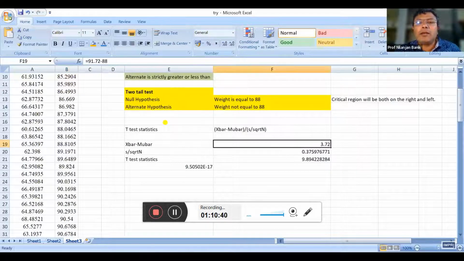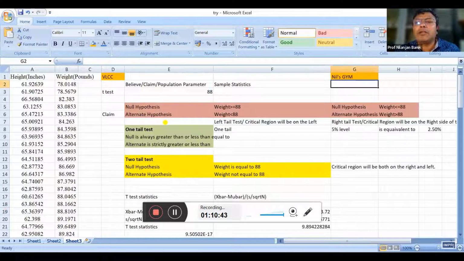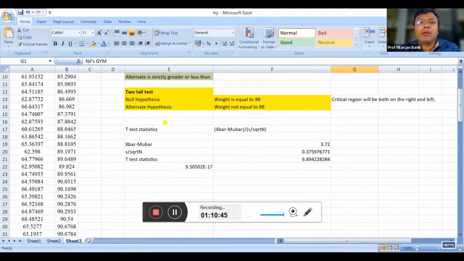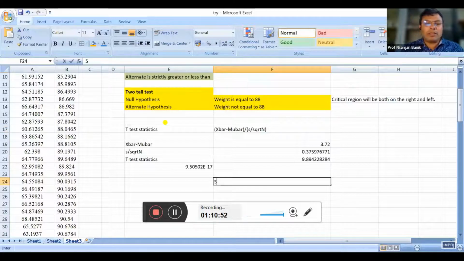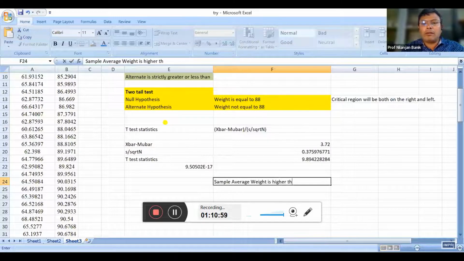So basically, my claim is correct that you should come and join my gym, because in terms of the sample average, the sample average weight is higher and statistically significant than what VLCC is claiming.